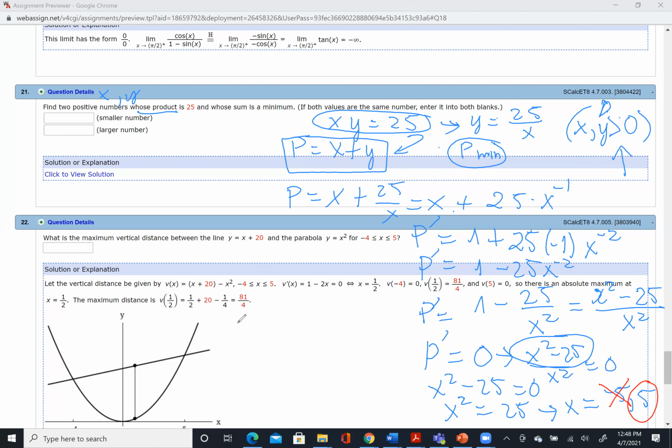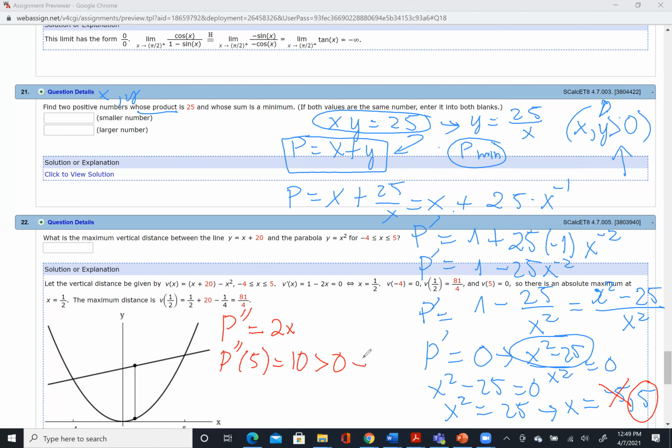So now what? We need to take the second derivative, right? To find its minimum. What is the second derivative going to be? 2x, right? And if I plug in x equals 5 and see what happened with the second derivative, I have 10, which is greater than 0, a positive number.